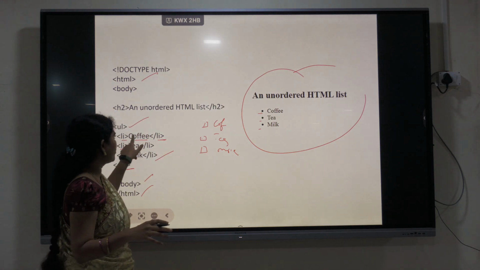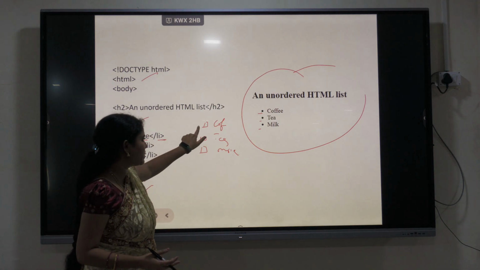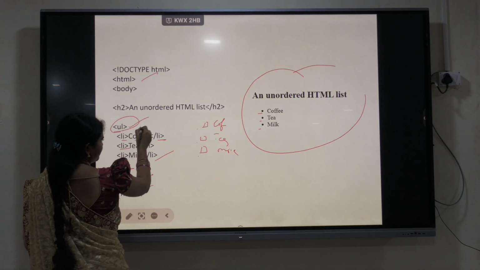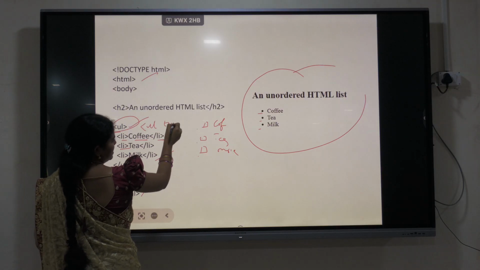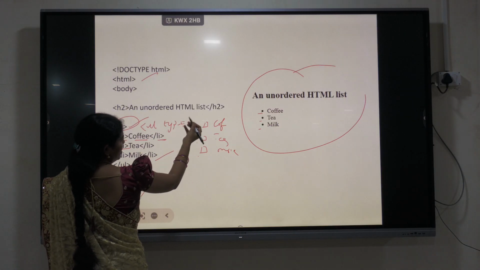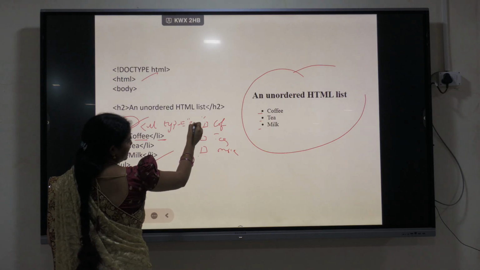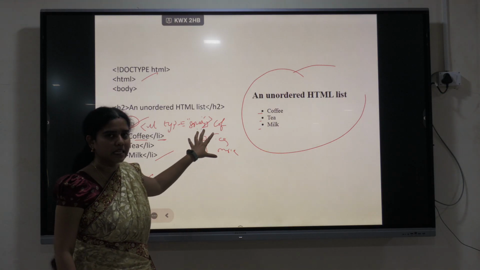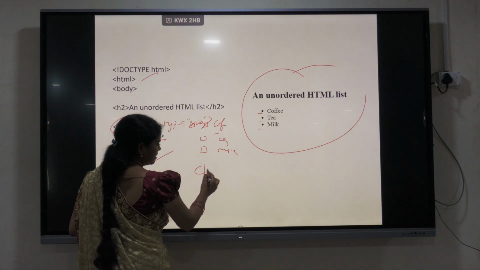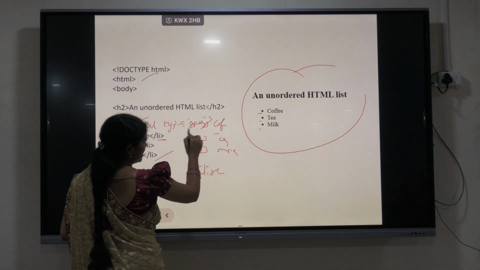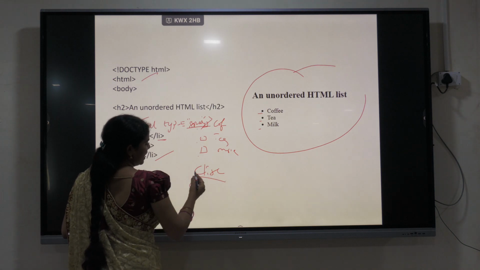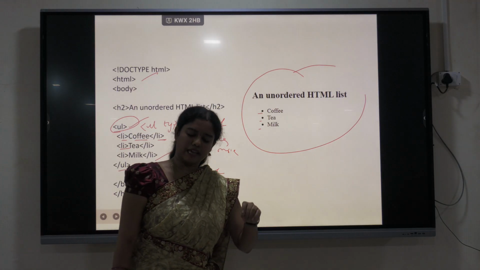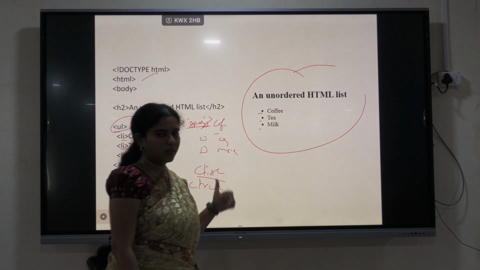In the same way, if you want squares to be displayed, we use open UL, space, type is equals to, within the double quotes, just write square. That's it. And we also have other options like disk, the dot. This is square, this is disk, and you also have circles. Dot, disk and circles can also be displayed in unordered lists.